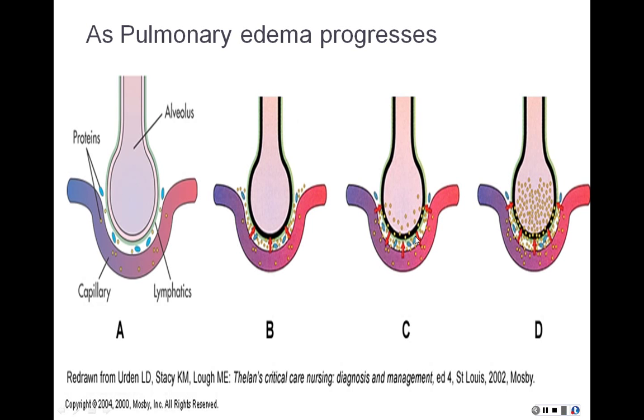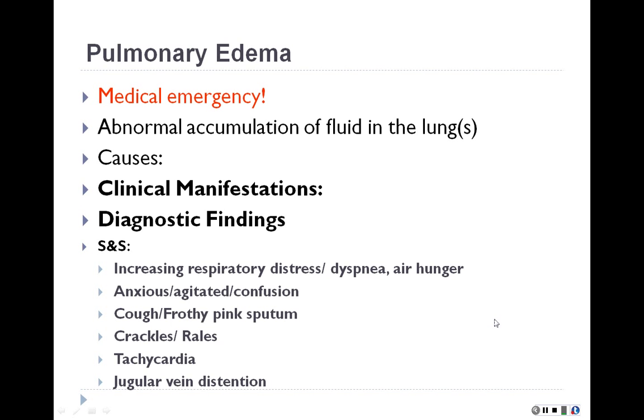It's put all its little warriors in here to help pull this fluid out, but it all starts getting congested. And then in D, you can see that the lymphatic flow is worsening. So we're starting to get left heart failure as a result of this fluid movement into the lungs, the interstitial space, and into the alveoli. Just a little picture to show you about that.